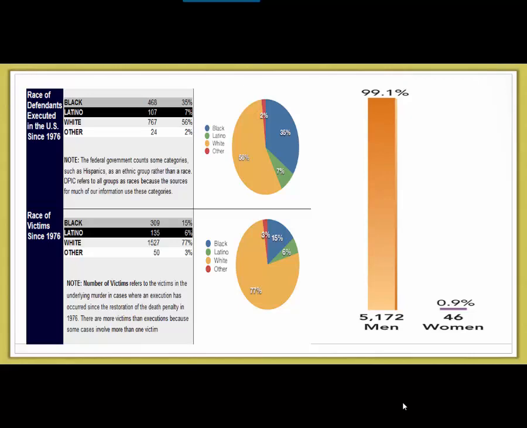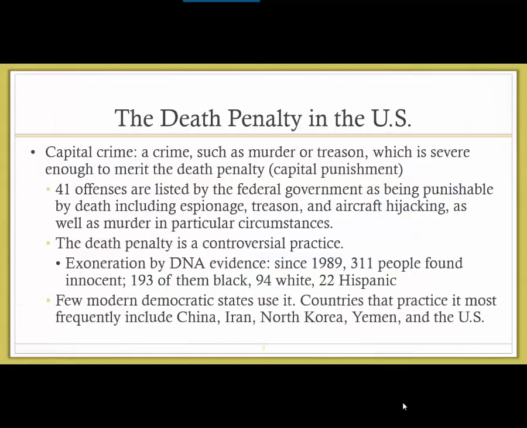So it's not necessarily like this practice is applied equally and fairly, which makes it unsurprising that once we had a way of being more objective in our approach, i.e., DNA evidence, the exoneration rates are what they are, and that there are racial implications of people that were unfairly convicted.